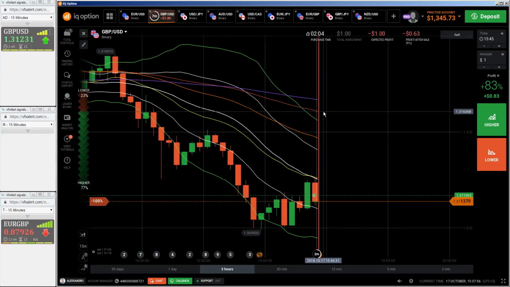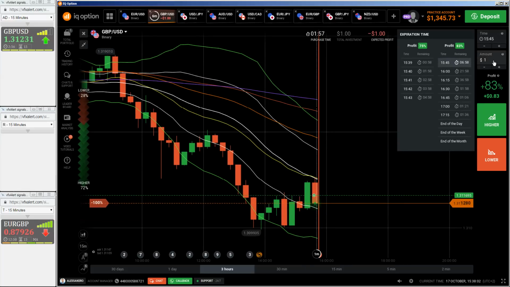So if there will be another signal, I will take this trade too, because we have still another 6 minutes. If in the next 1 minute 52 another signal comes up, I will trade this, to get the same expiration time as the trade I have here.